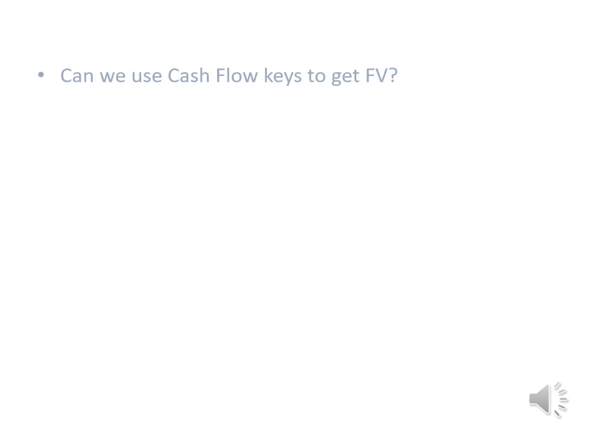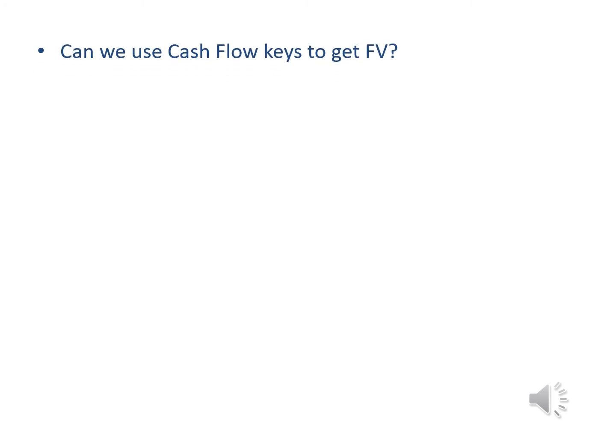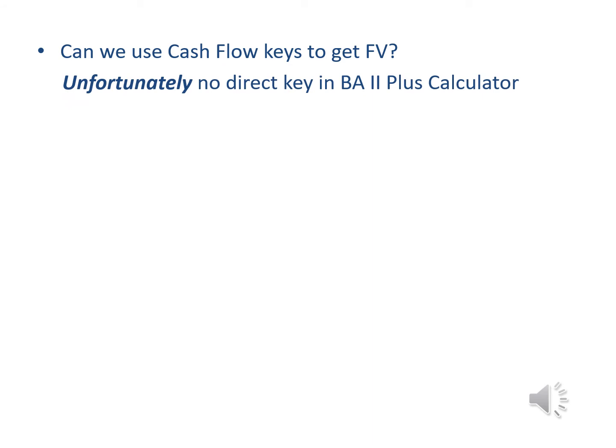I'm sure you're now thinking if we can use the cash flow keys to get the future value of a series of uneven cash flows. Unfortunately, there is no key to do this. We need to find the present value and then utilize it to calculate future value.